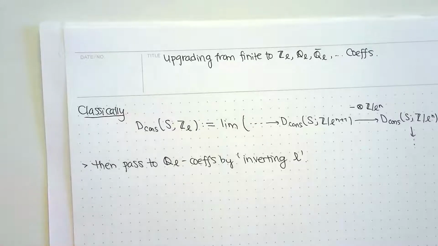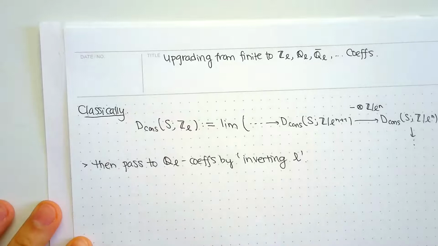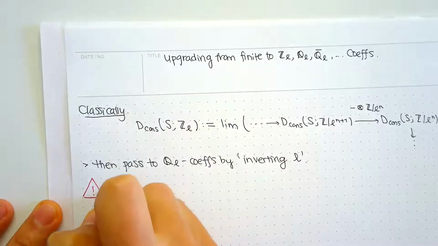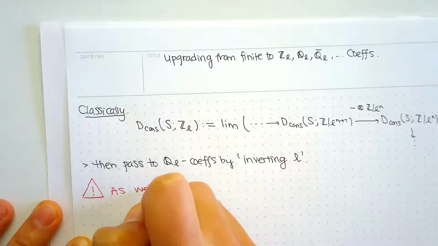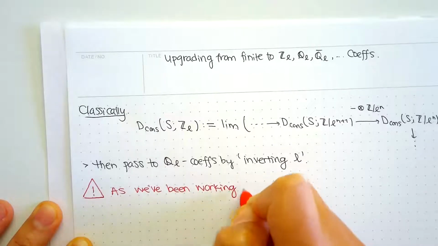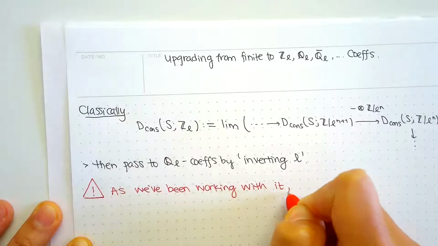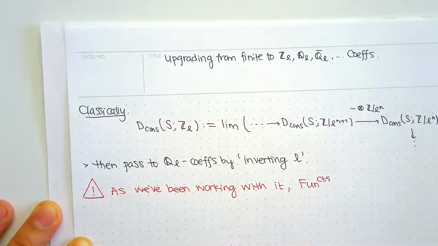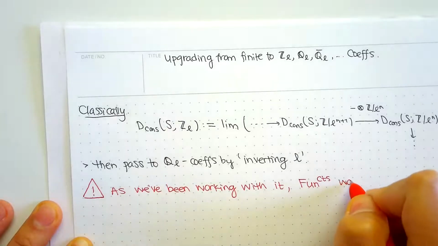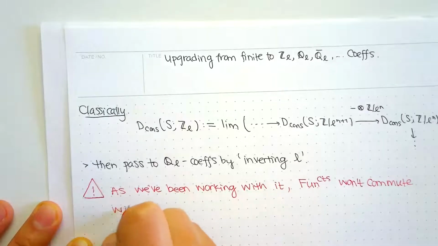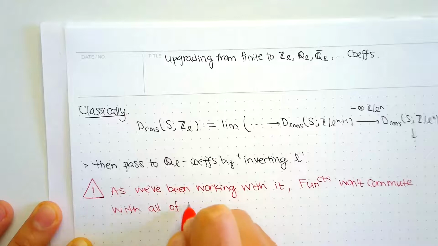And so where the condensed math gets put into this is that, as we've been working with it, functors out of this Galois category, this thing I've been writing as continuous functors, won't commute with all of these operations.